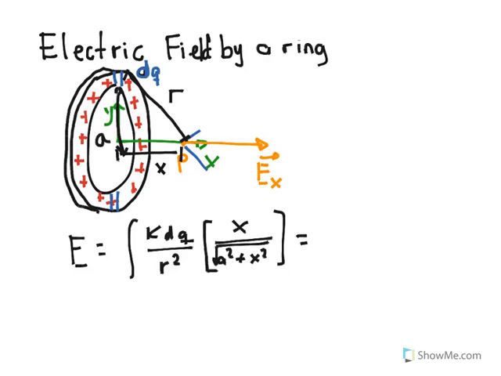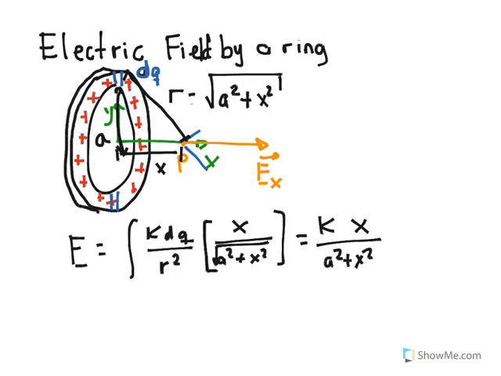And k is constant. The radius, which is the distance, is constant, and this radius is given once again by the square root of a squared plus x squared, and we have it squared, so a squared plus x squared is constant. x is constant once again.